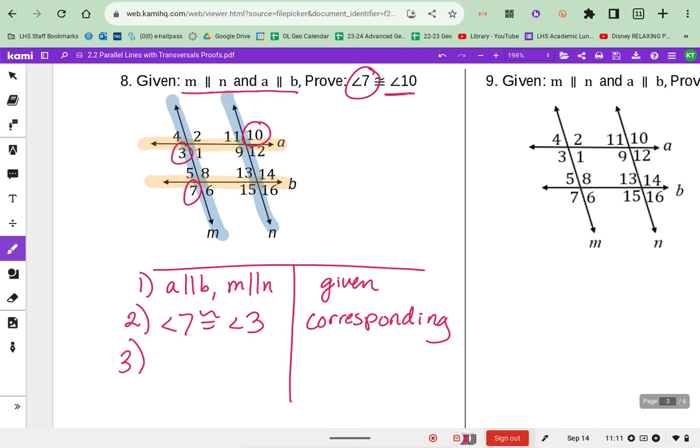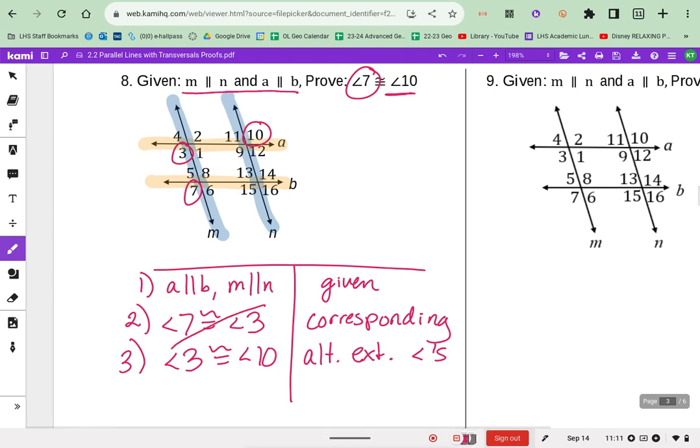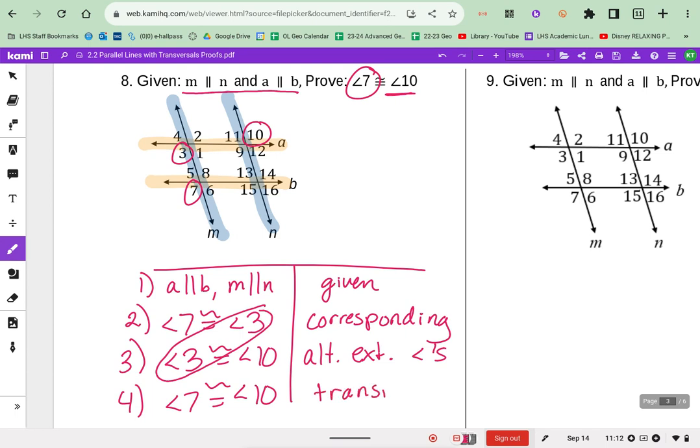So next we can say angle 3 is congruent to angle 10 because they are alternate exterior angles. All right, and now we're just going to do a transitive step since angle 3 shows up in both equations. We can say angle 7 is congruent to angle 10 by the transitive property.